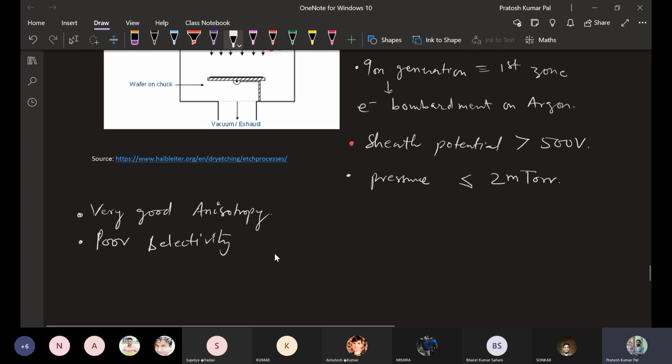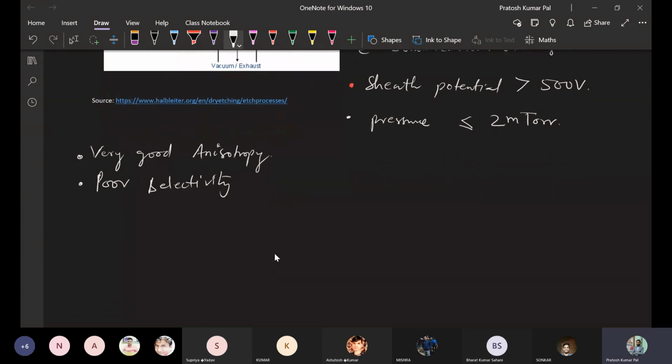If we need to increase the selectivity, we will be using some reactive type of gases. So we will be using reactive ion beam etching. Here some reactive gases will be introduced.